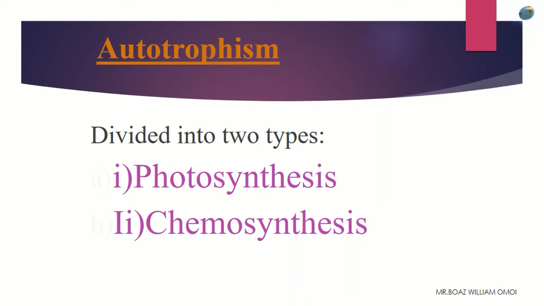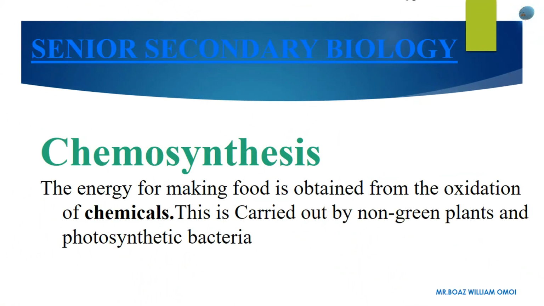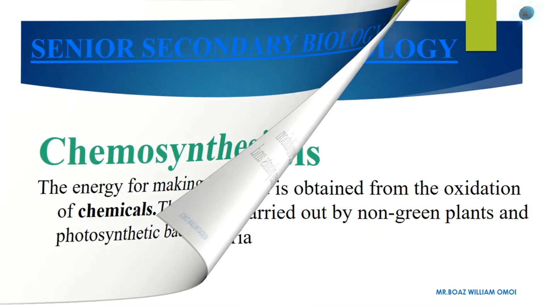When we are talking about chemosynthesis and photosynthesis, the energy that is going to be used to manufacture the food substance in chemosynthesis is obtained from oxidation of chemicals. During chemosynthesis, the energy used for making the complex food substances is obtained from oxidation of chemicals, and this energy can be used now to manufacture complex food substances.